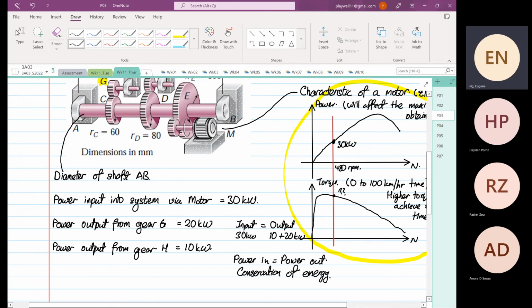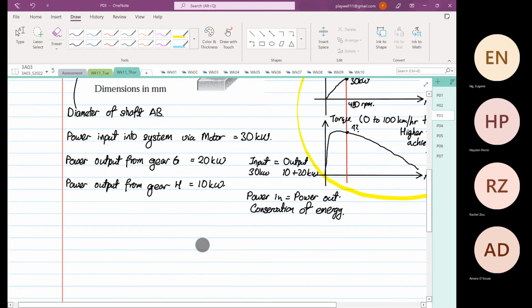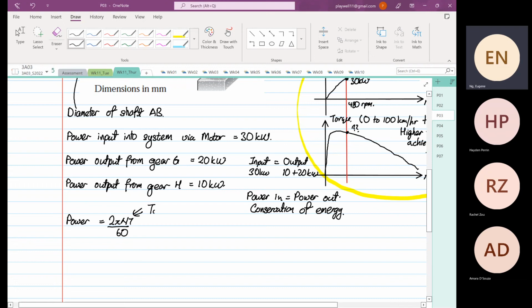Okay. So how is this information useful to us? We know that power, as written earlier, is equal to 2 pi nt over 60. So this formula is important because we can determine the torque. We can determine the torque acting on the gear.